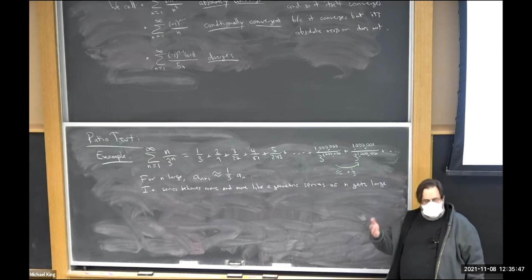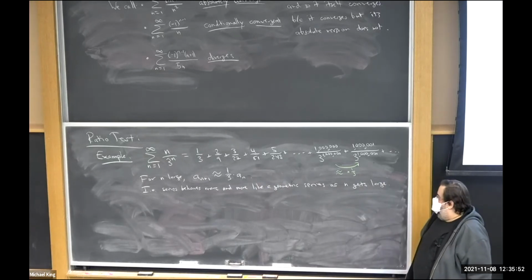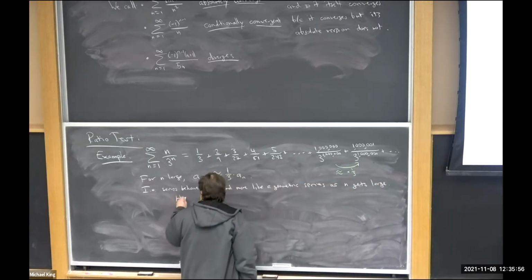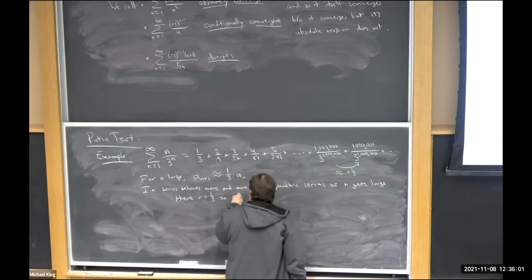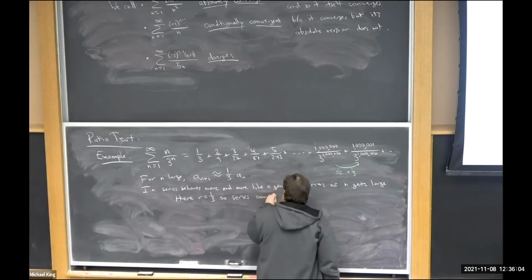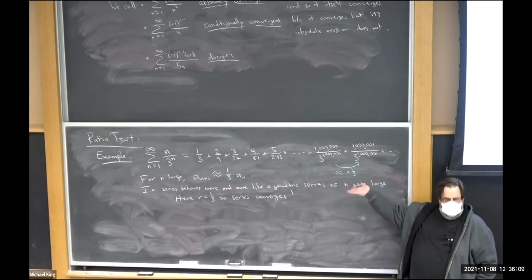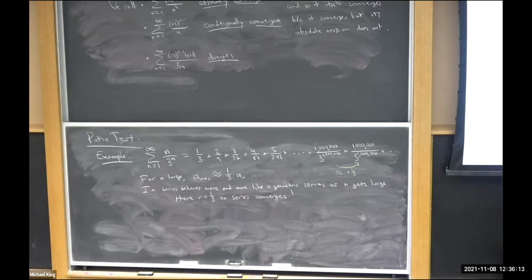And r is the multiplying factor, right? It's the common ratio. It's what you multiply to get from one term to the next. And so here r equals 1/3. So the series converges. Basically, the first million terms of the series don't matter in terms of convergence or divergence, and from then on, it's just like multiplying by 1/3. And so that's an argument that the series converges.